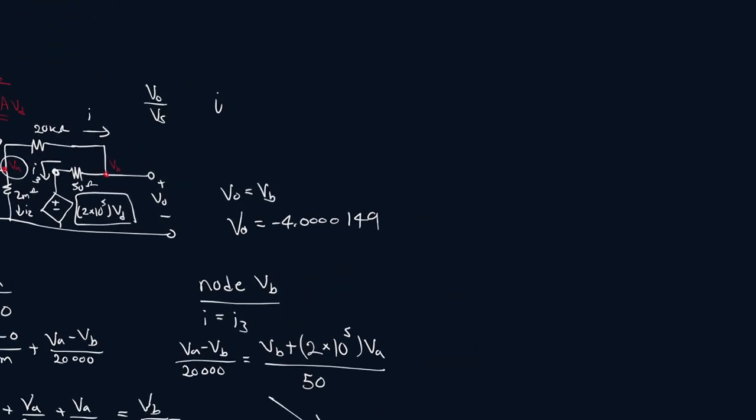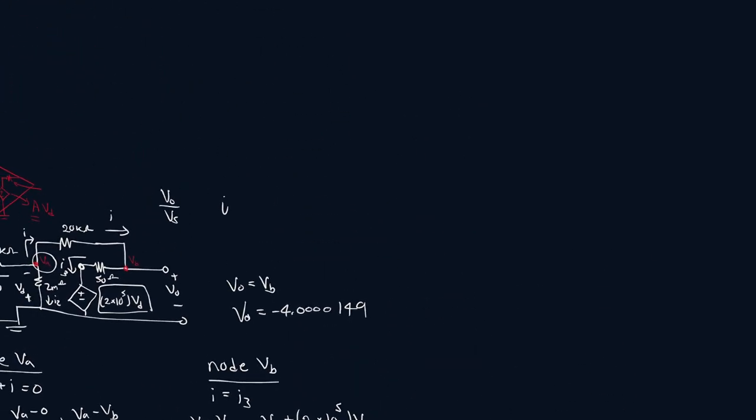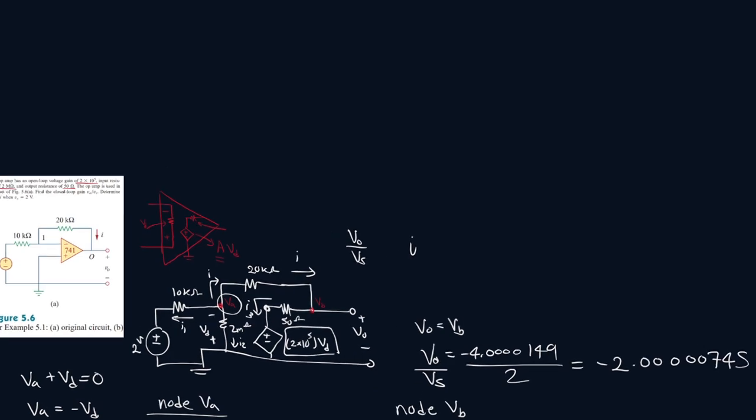No, 4 O's. Yeah, okay, good. And then VO over VS, so this is divided by 2. That gives me minus 2.000000745. Okay.